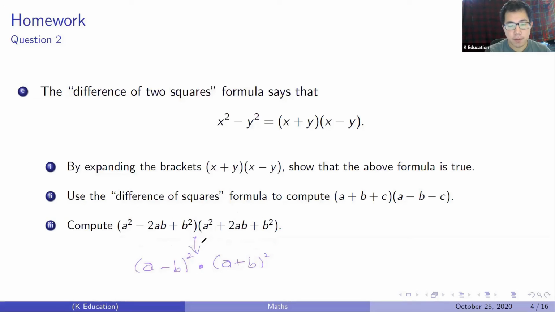Where do I go next? Was this for question E part 3? Yeah, E part 3, yeah. A squared minus b to the power of 4, and then plus ab squared minus ab squared.